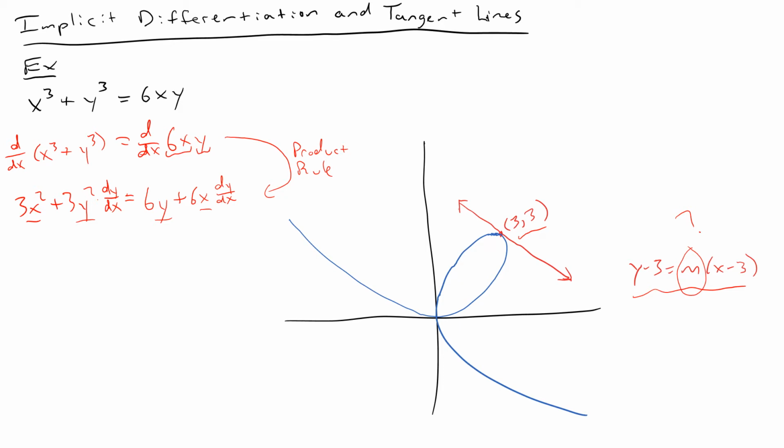Alright, so solving for dy/dx without plugging in the point (3, 3), what we want to do is collect all the terms that have a dy/dx on the same side. So for example, this term 6x dy/dx, if I want to move it over to the left-hand side to pair it up with the other term that has a dy/dx in it, I can subtract it from both sides, minus 6x dy/dx, subtracting from the left side as well.